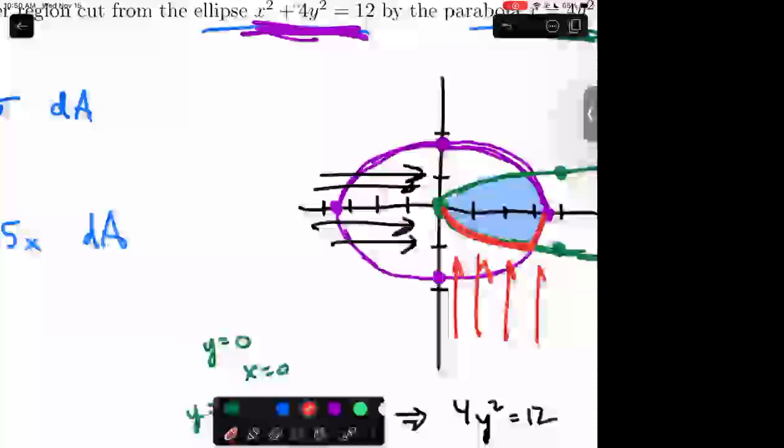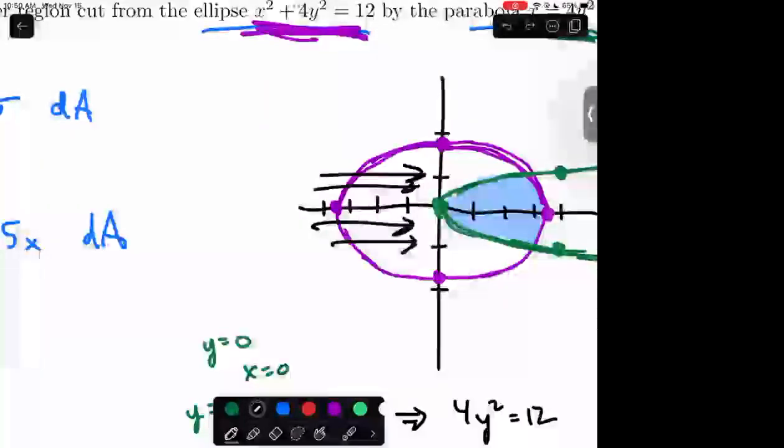So depending on how far you are left and right, sometimes you would enter in through one curve and sometimes you would enter in through a different one. And so that means that you would need to really break up your integral into two pieces. And now you'd have to figure out when do these things intersect and where's that break point and all this sort of stuff. So this is a huge pain if you try to integrate it with respect to y. On the other hand, if you integrate with respect to x, you always enter in the left-hand side, which is always this parabola, and you always exit through the ellipse.